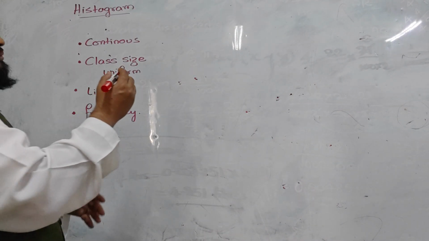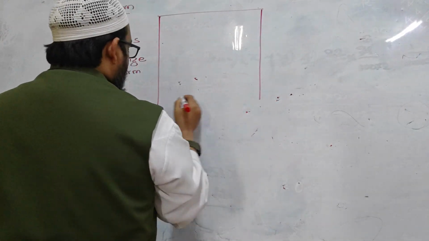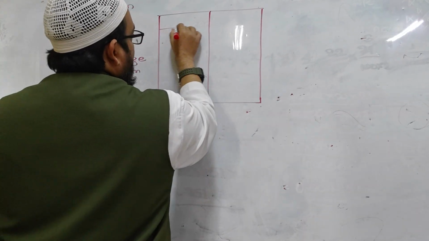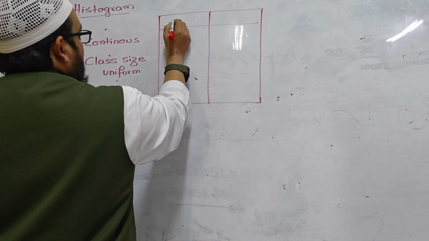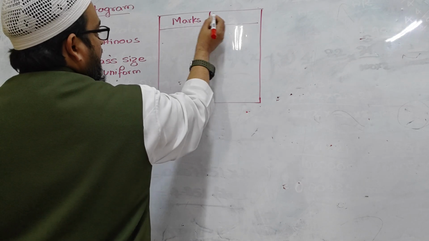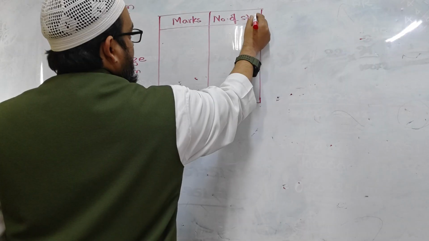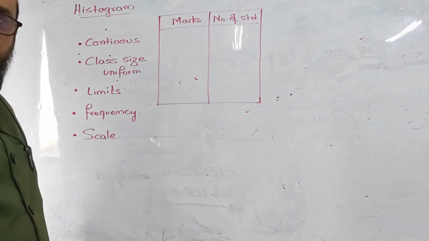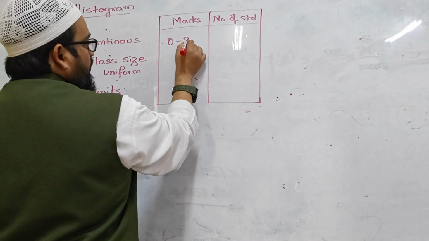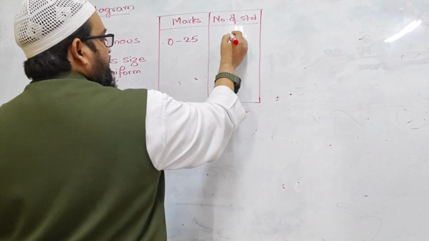For example, let me take a simple data. Okay, so it is marks and number of students. Let us say the marks are 0 to 25. Let us say there are 10 students.